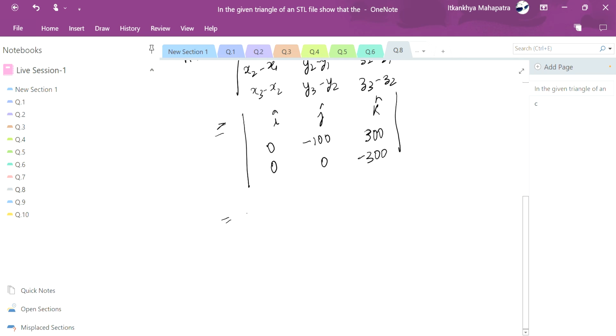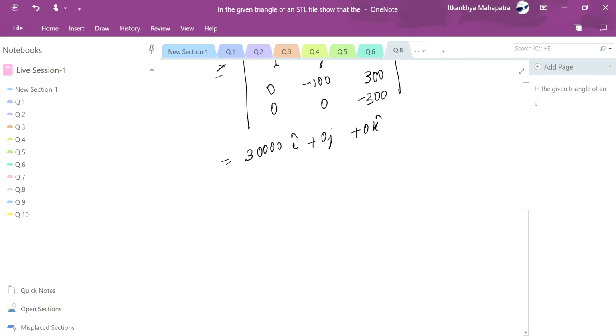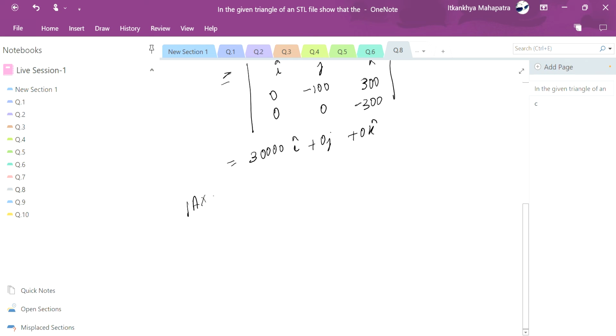On solving this, we will get 30,000 I cap plus 0 J cap plus 0 K cap, and the magnitude of A cross B will come 30,000.